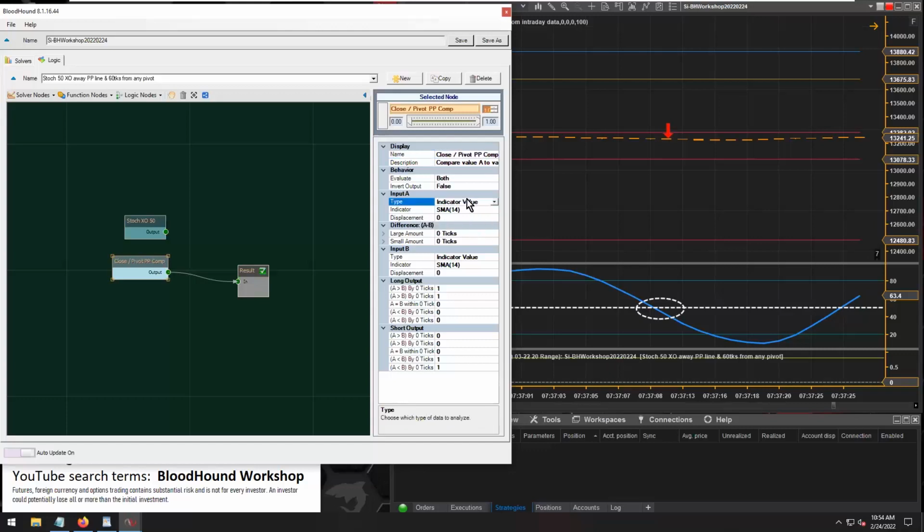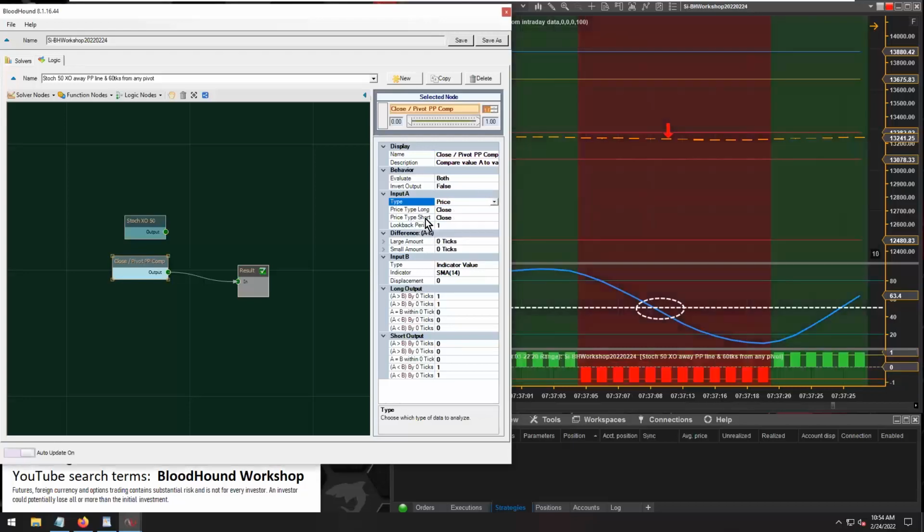All right, so input A, we'll set that to price, and we'll just use the close of the bar. And let's see here, input B, that will be our pivot PP line there. So let's open up input B.